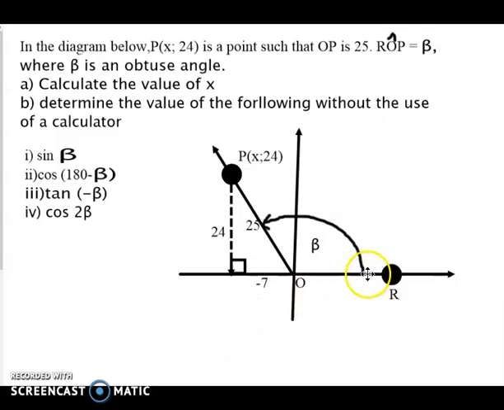Now they ask us. This is the angle beta. They want to know what is sine of angle beta. So through reduction we've learned that 180 degrees minus beta will be this angle here, and I can speak of beta as if beta is this angle. So sine of beta is the opposite side over the hypotenuse, which will give me 24 over 25.